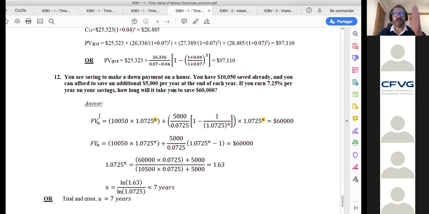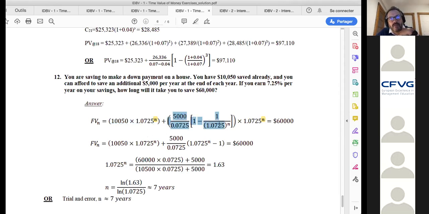In this case, at date 0, we have 10,050, because we bring that to today. And then we will bring 5,000 every year, for we don't know how many years, and this is what we have to determine. So on one hand, there is one unique cash flow that will be capitalized for a certain number of years at the rate of 7.25%, which is a discount rate.